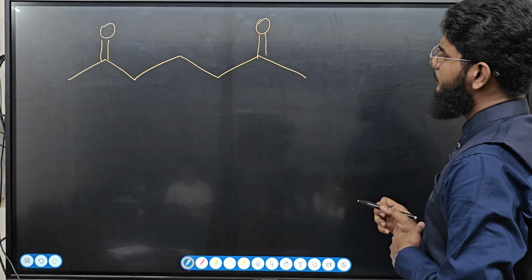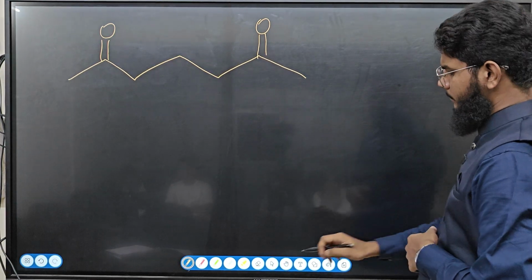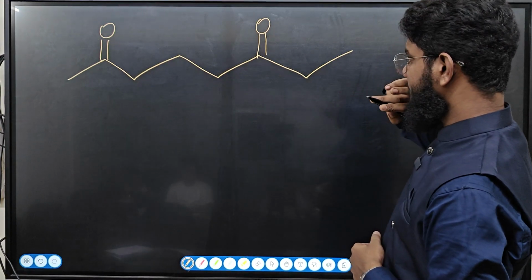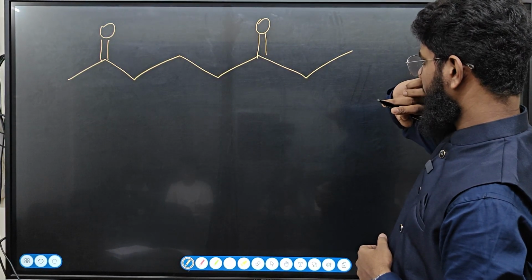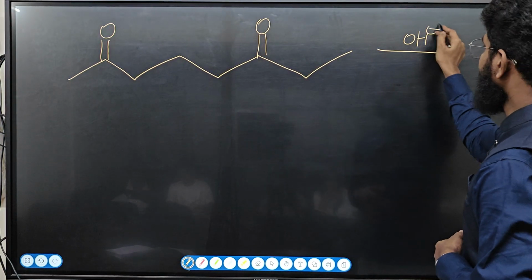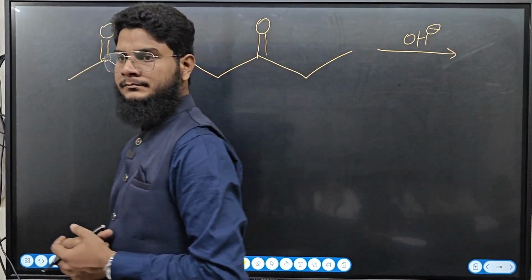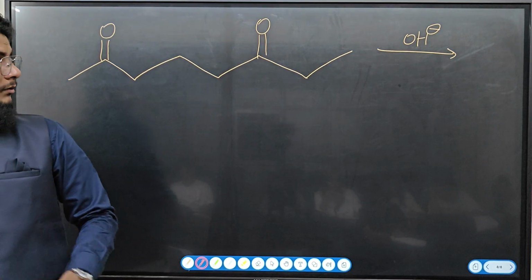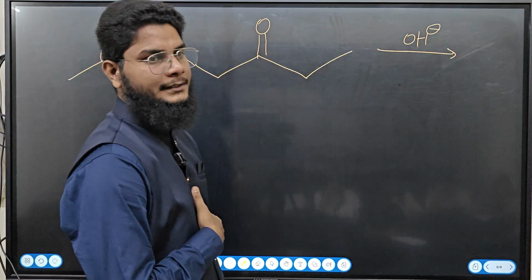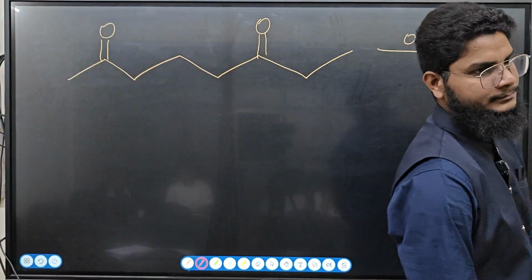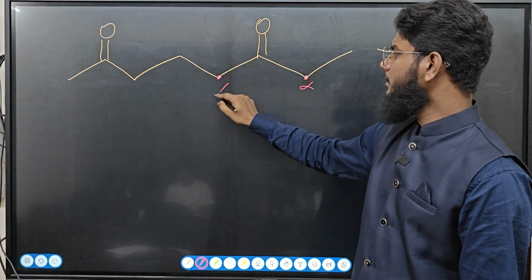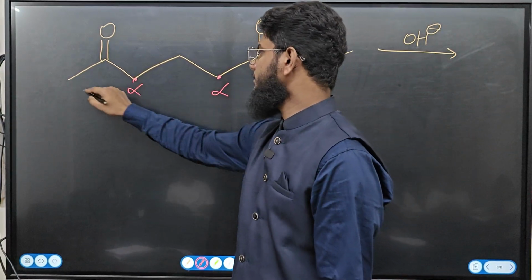Yes, try this one. What will be the product? Tell me. First, assign the alpha hydrogens, then only you can decide which alpha hydrogen you need to choose. So this is alpha 1, this is also alpha, this is also alpha, this is also alpha.